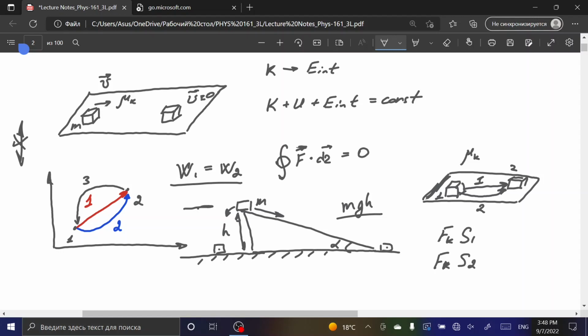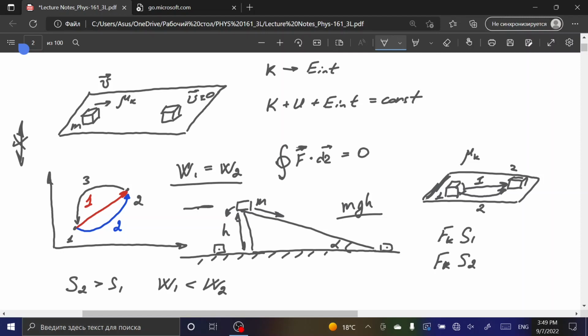So if S2 is larger than S1, the work done in path 1 will be smaller than the work done in path 2.